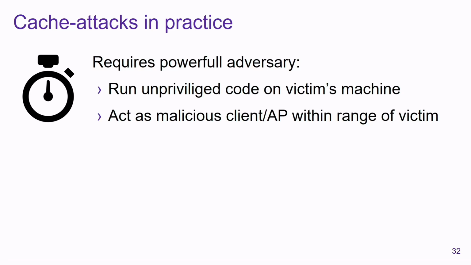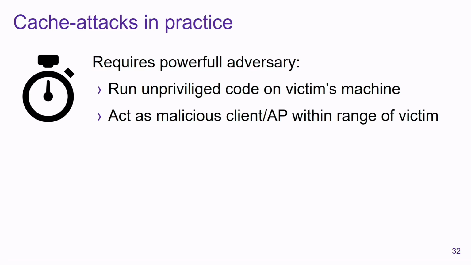The application doesn't need special permission, so this can be possible in practice. And if you use an old browser, an adversary can even perform these attacks from JavaScript if some other conditions are met as well. The second condition is that the attacker also has to be within range of the victim in order to either set up a malicious client or access point.